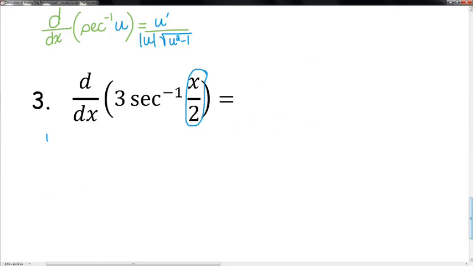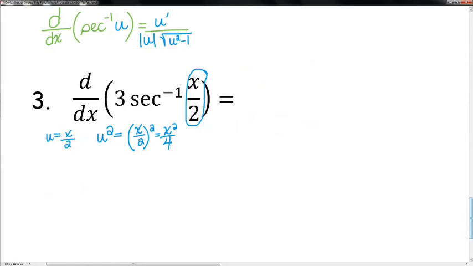So u is equal to x divided by 2. u squared is going to be squaring our x divided by 2, and that gives me x squared divided by 4.